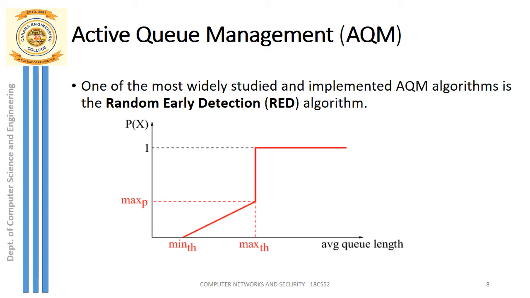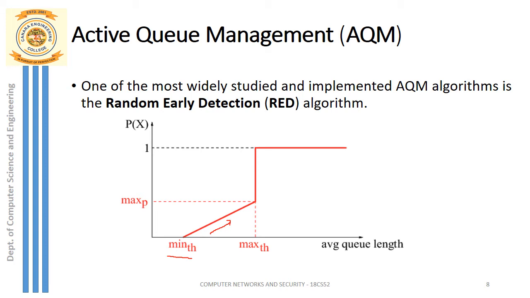Whenever the average queue length of the output port is below the minimum threshold, there will not be any drop of packets. Once the average queue length reaches the minimum threshold, some of the packets will be dropped or marked based upon the probability. And this will increase as the average queue length increases up to the maximum threshold.